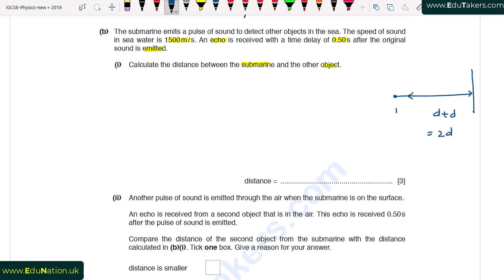Here we have to calculate the distance, and we know that speed is equal to distance over time. So distance will be equal to speed multiplied by time. Speed is v and time is t, while the distance is 2d.